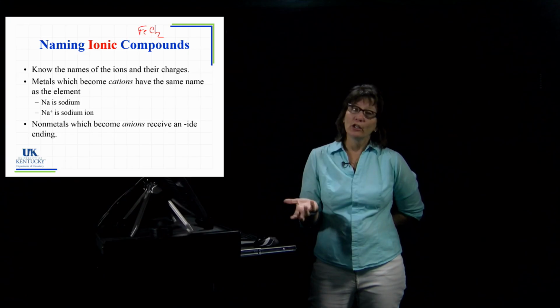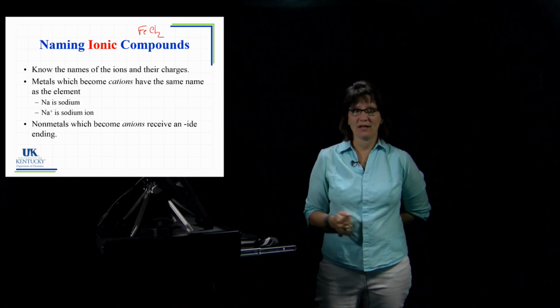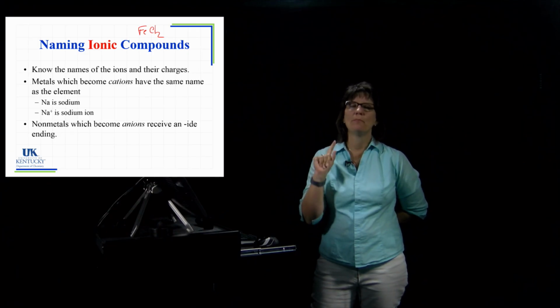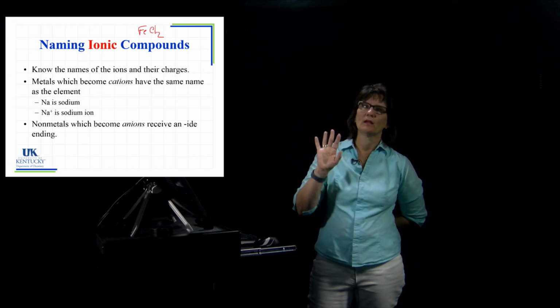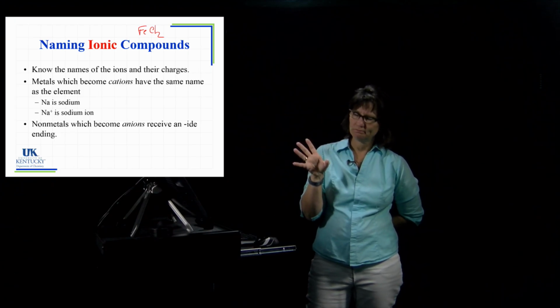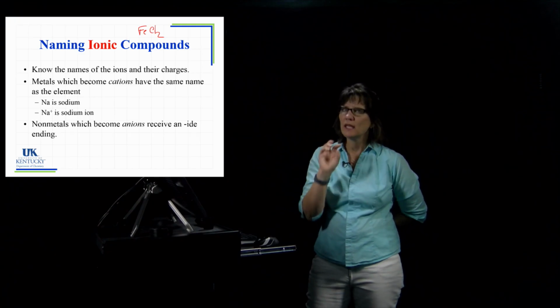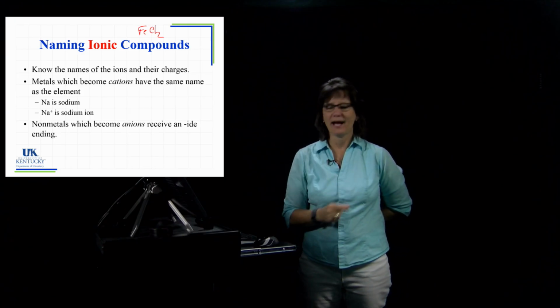If you look back at our list of polyatomic ions, some of those polyatomic ions also have an IDE ending. So those were memorized. But any of the nonmetals, look at a periodic table. Get one out, look at it. Nonmetals in the top right-hand corner, right? Any of those nonmetals, if they become an ion, will get an IDE ending.